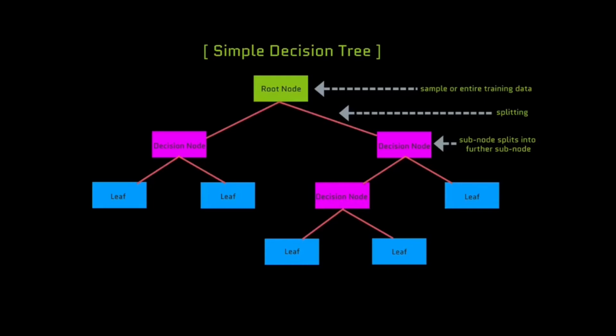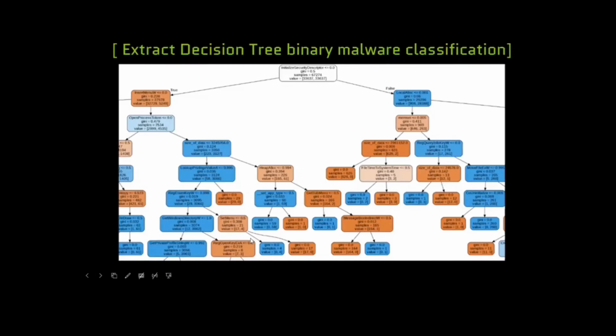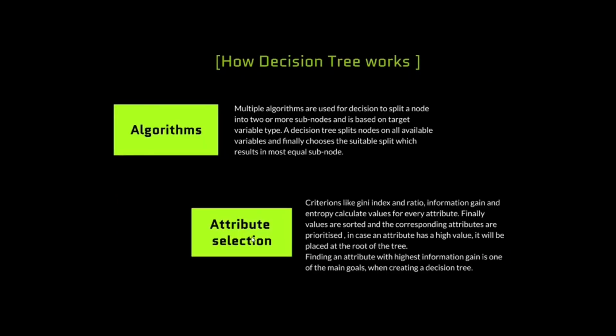So, the question here is, how does a decision tree work? The main drivers behind a decision tree are algorithms and the attribute selection process. Multiple algorithms are used to decide to split a node into two or more sub-nodes, based on target variable type. A decision tree splits nodes on all available variables, and finally chooses the suitable split which results in the most equal sub-nodes.